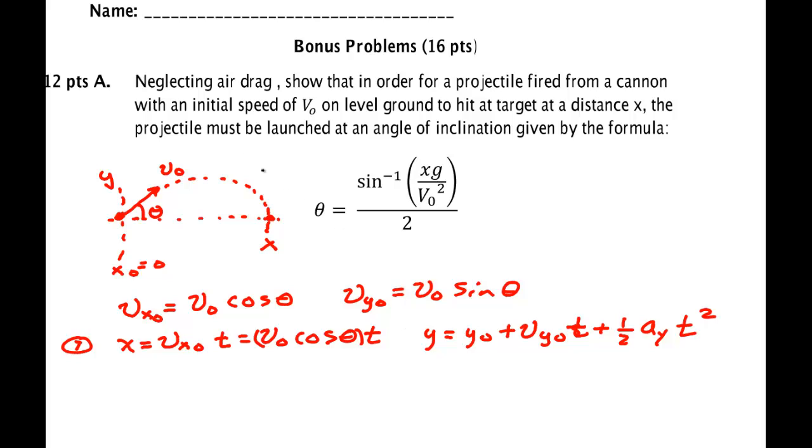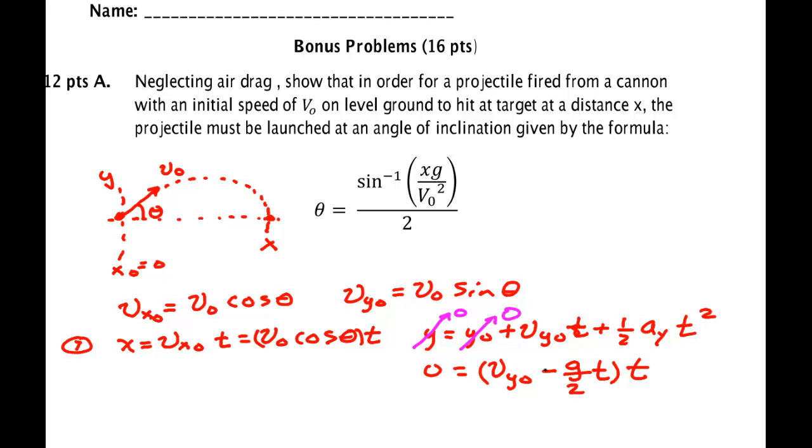Now in our problem, the projectile starts and ends at y equals 0. This gives us that 0 is equal to vy0 minus g over 2 t, times t. Here I've factored out a t.